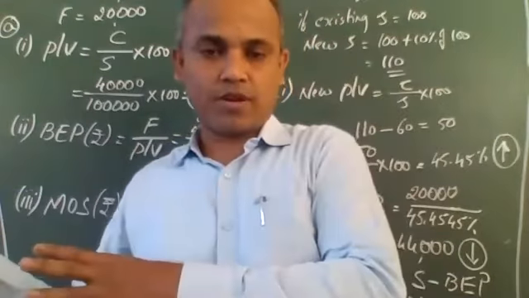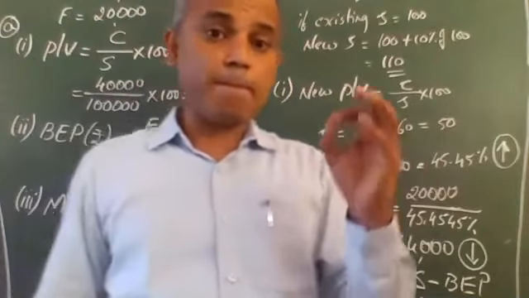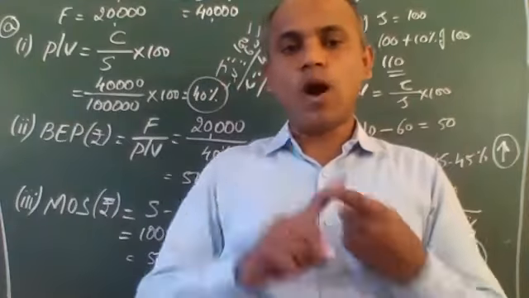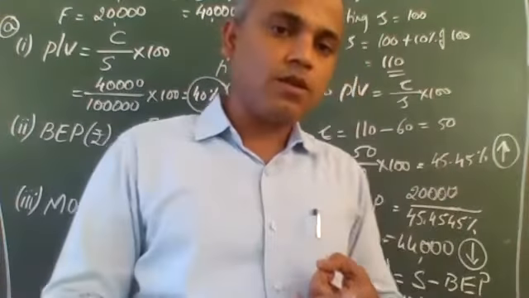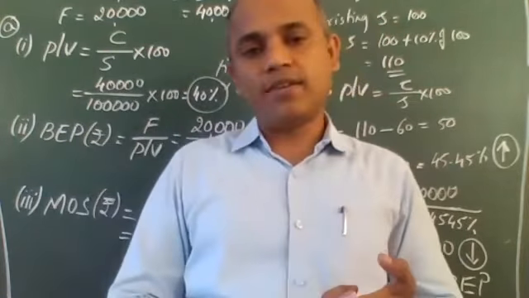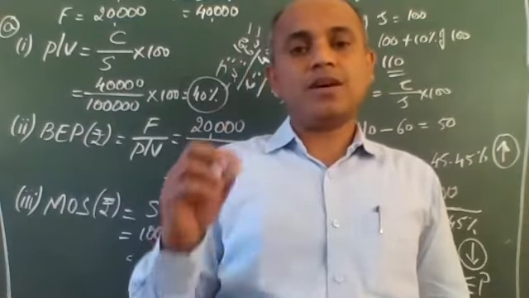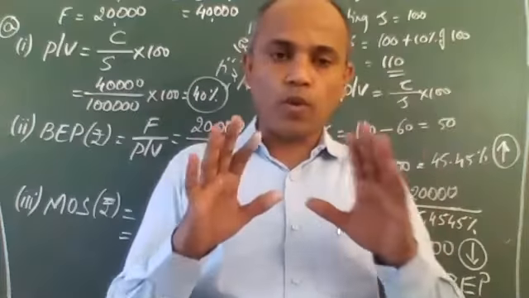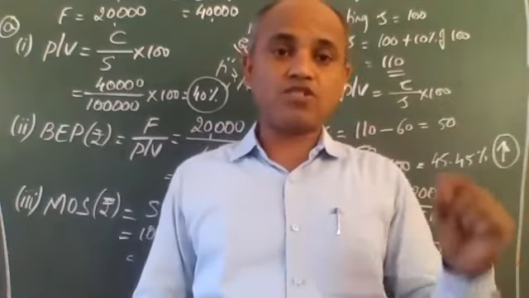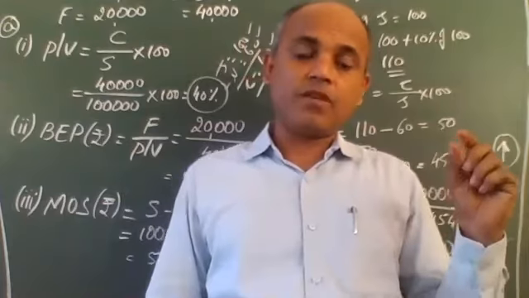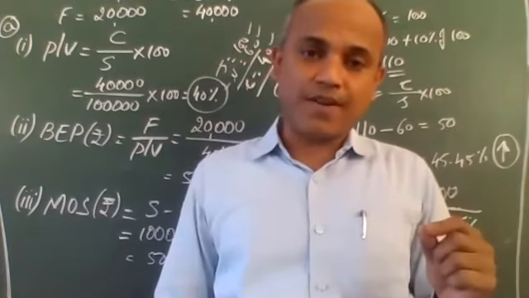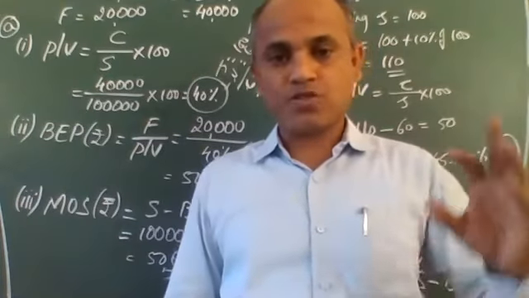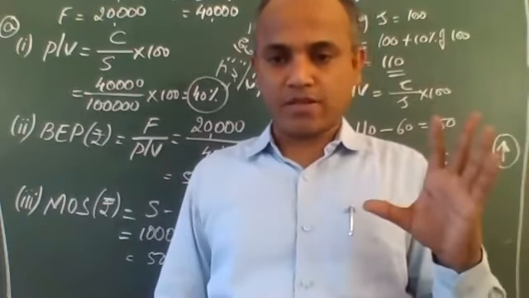Whenever there is a change in the price, if the sales increase, there are two reasons: one, the price factor, and the other, the quantity factor. If there is an increase or decrease because of the quantity factor, you need not worry about it. But if there is a change because of the price factor, be careful, your ratios are going to change. This is very important, you should understand this.